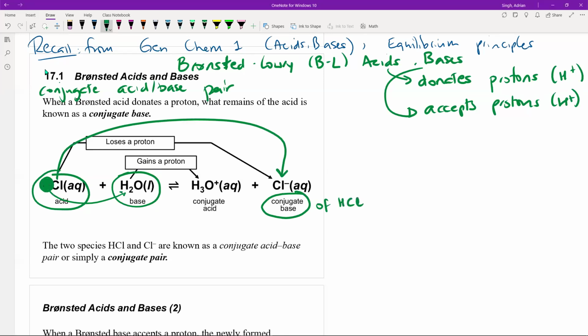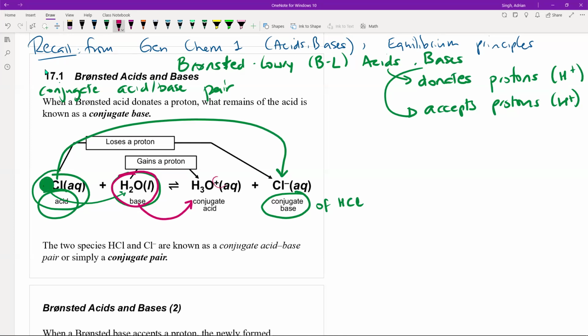So we have one conjugate acid-base pair, and then the other two species in that reaction would constitute the other conjugate acid-base pair. So for example, when the H2O accepts that proton, it becomes H3O plus, because we now stuck an H plus onto H2O. So we have an extra hydrogen in addition to a positive charge associated with it.